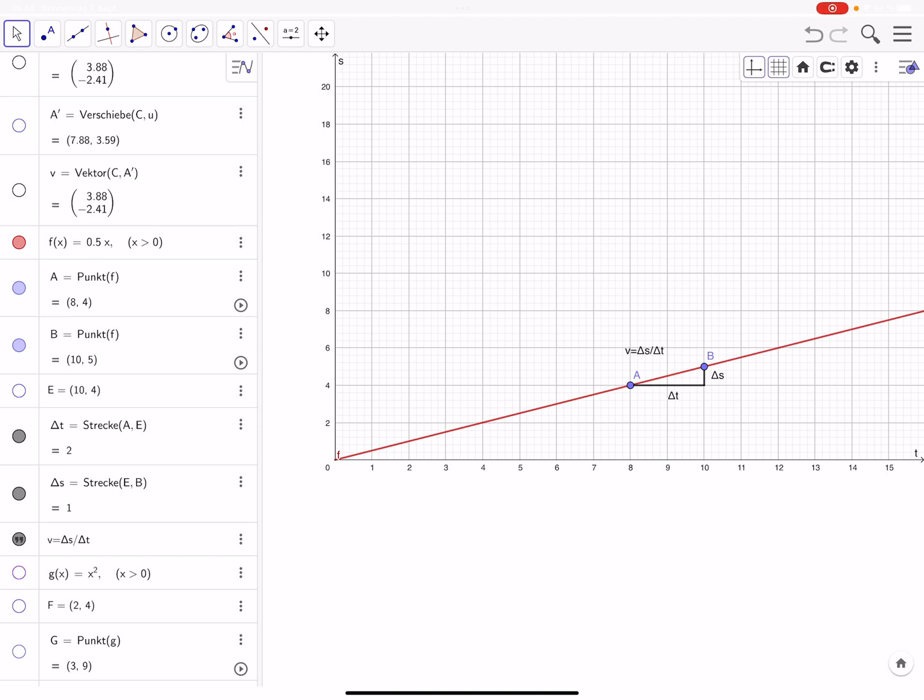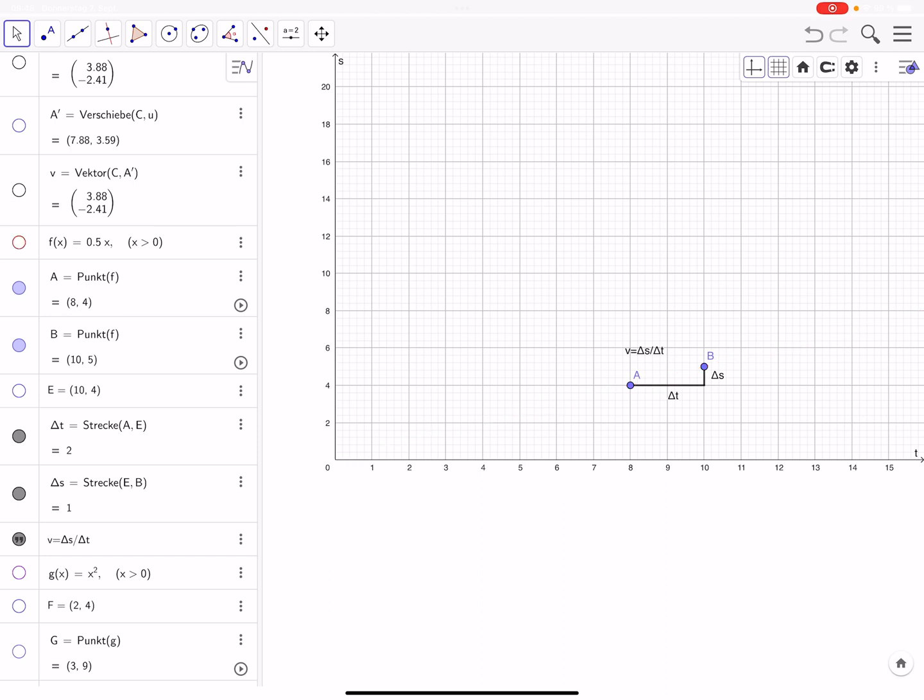So now here we are talking about average speed. Why is that? Because in this case we can see that the slope is constant, so the speed is constant, so average speed is the same as the momentary speed for each time.